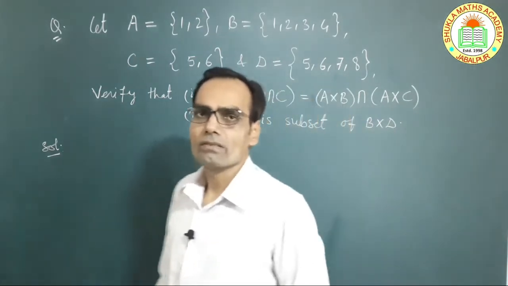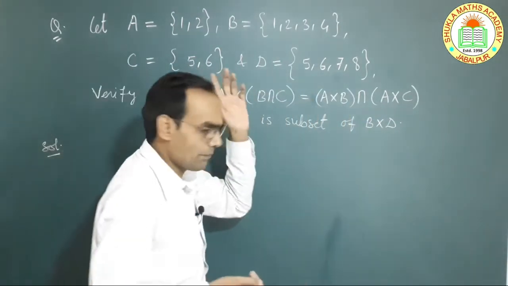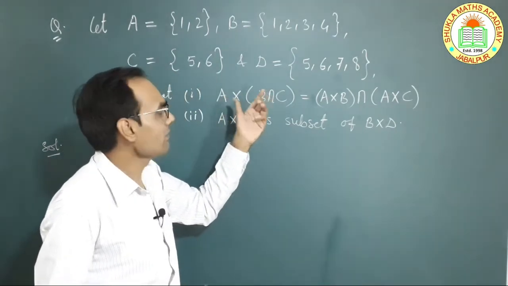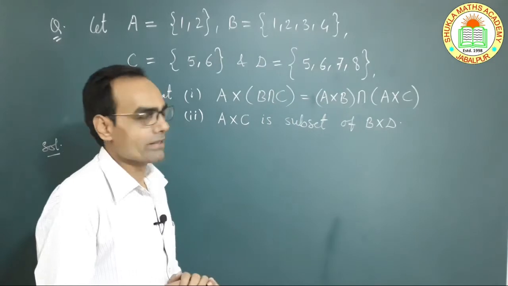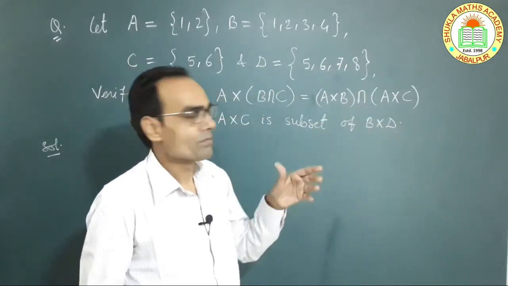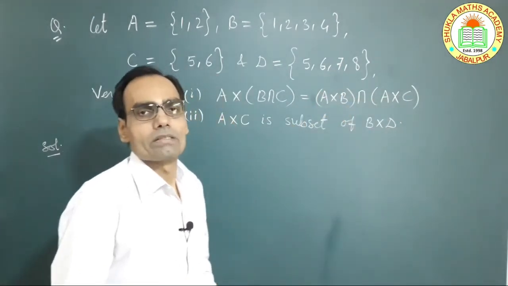Okay, so first we will find the B intersection C. After that we will find the A cross (B intersection C). So we get left hand side, and similarly we will find separately A cross B and A cross C, and we will take the intersection of these two ordered pair sets.